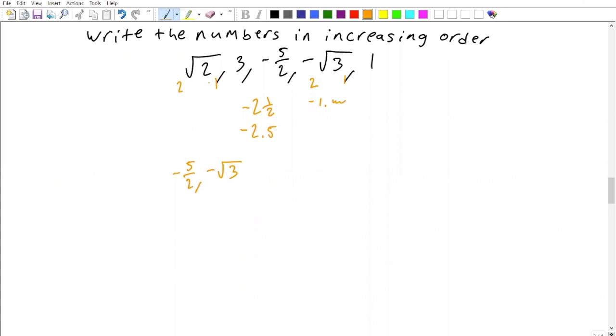So it's between 1 and 2 again. So again, 1 point something. So we got 1 point something, we've got 3, and we've got 1. Well, of those 3 numbers, we know 1 would be the smallest. 1 point something would be next, so square root of 2. And then 3. And these are now in increasing order.